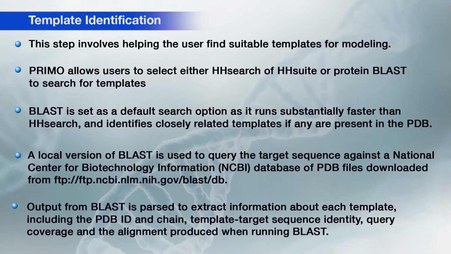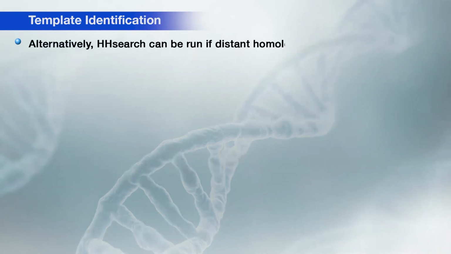Output from BLAST is passed to extract information about each template, including the PDB ID and chain, template target sequence identity, query coverage, and the alignment produced when running BLAST.